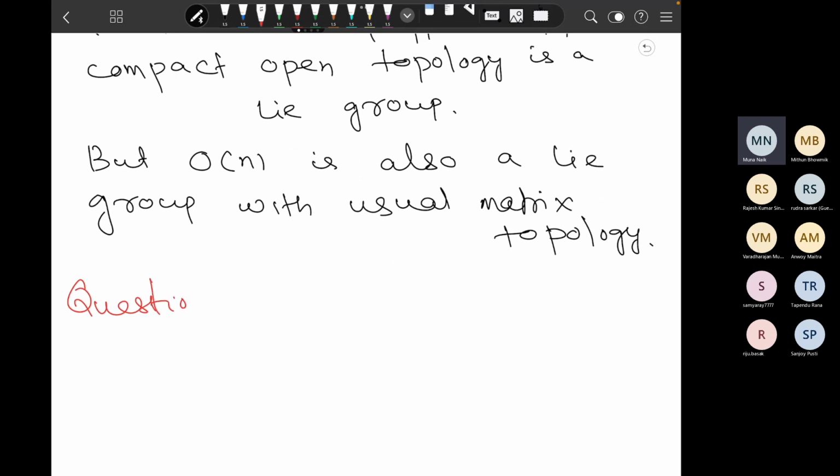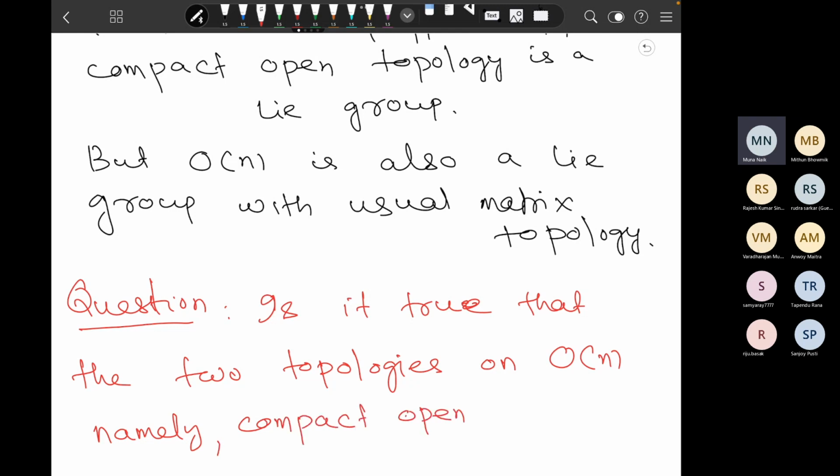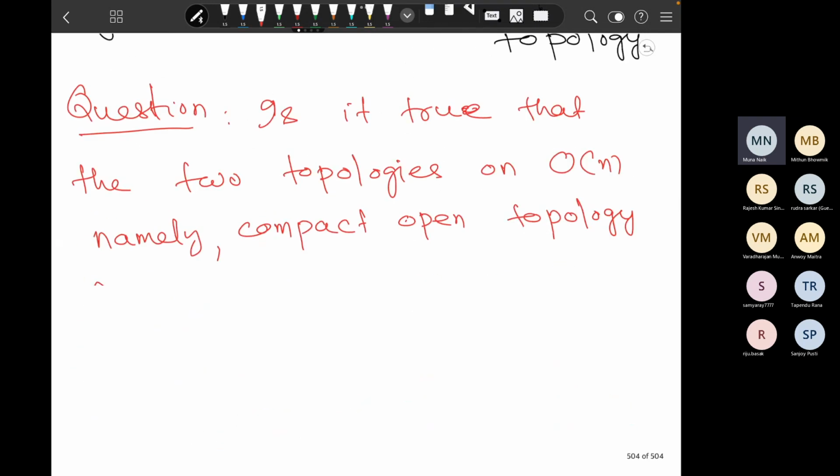Question: is it true that the two topologies on O(n), namely the compact-open topology and the matrix topology, are the same? The answer to this question is yes.